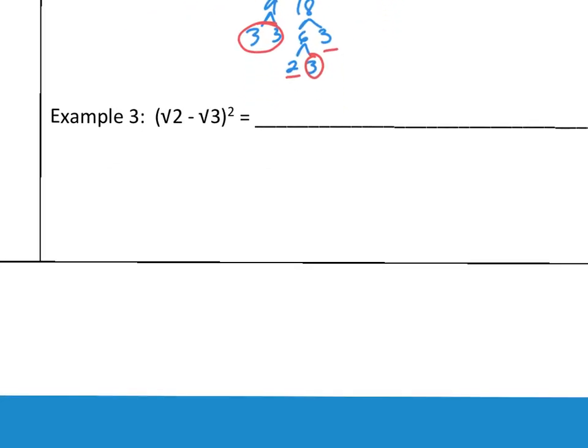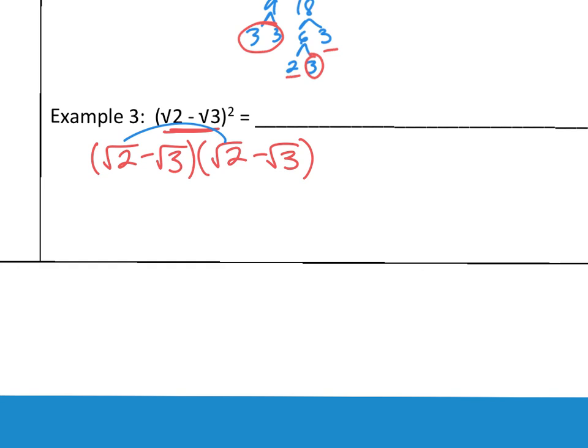Next one. Okay, so if I have an exponent of something in parentheses being squared, that just means I have this multiplied twice, right? Square root of 2 minus square root of 3 times square root of 2 minus square root of 3. And now I'm doing just like what I did in example 1, foiling.